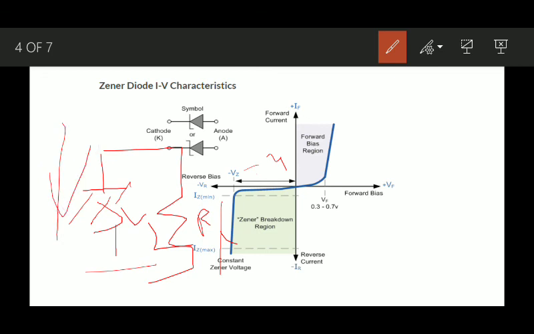That is called Zener breakdown, where a large amount of current flows across this diode.